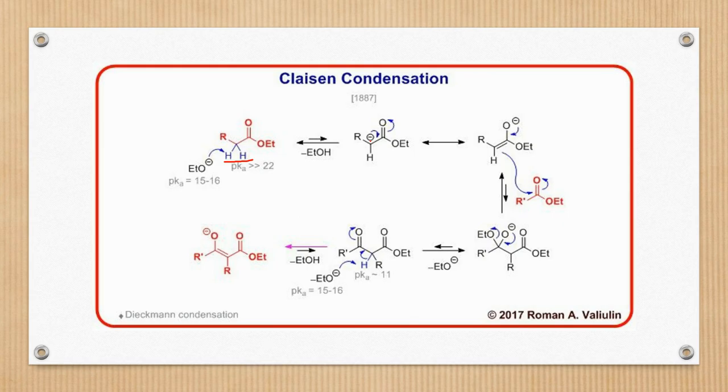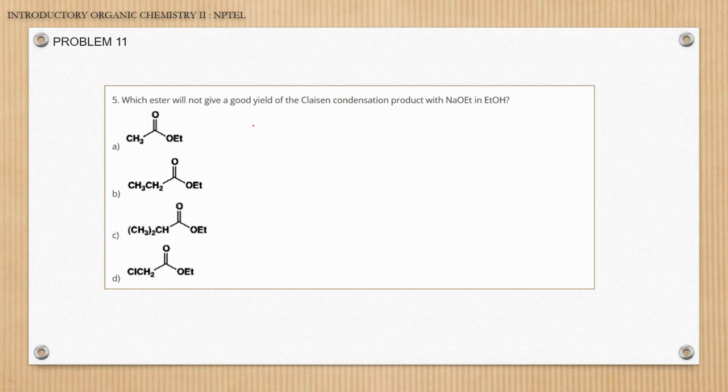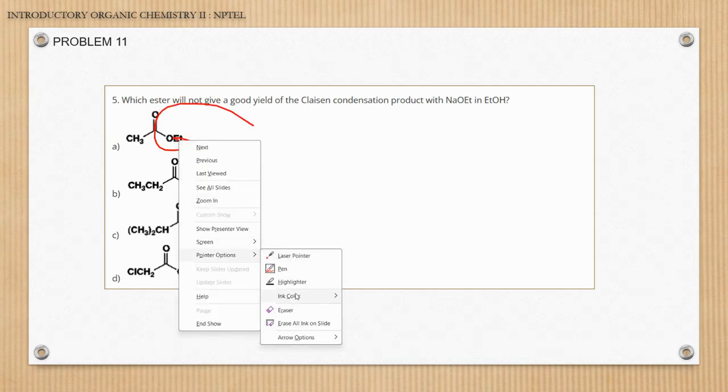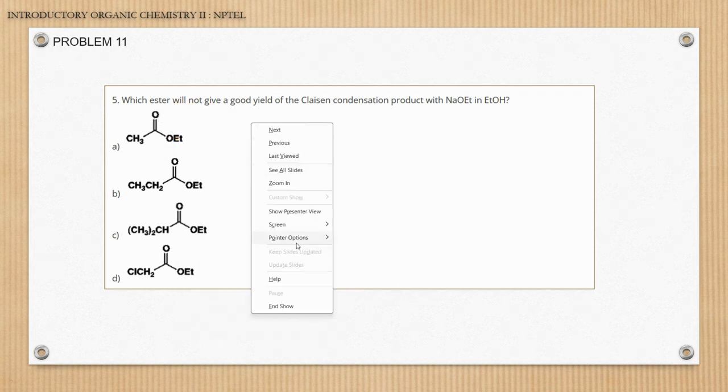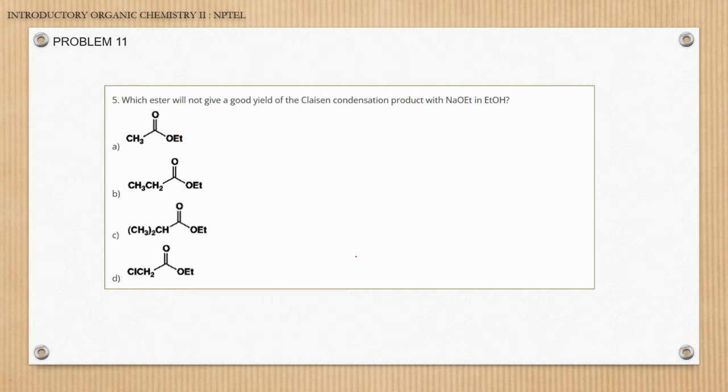This Claisen condensation will go forward once this reversible step is stabilized. So now you have to apply this concept to these options. Now just tell me which compound will form the least stable enolate.